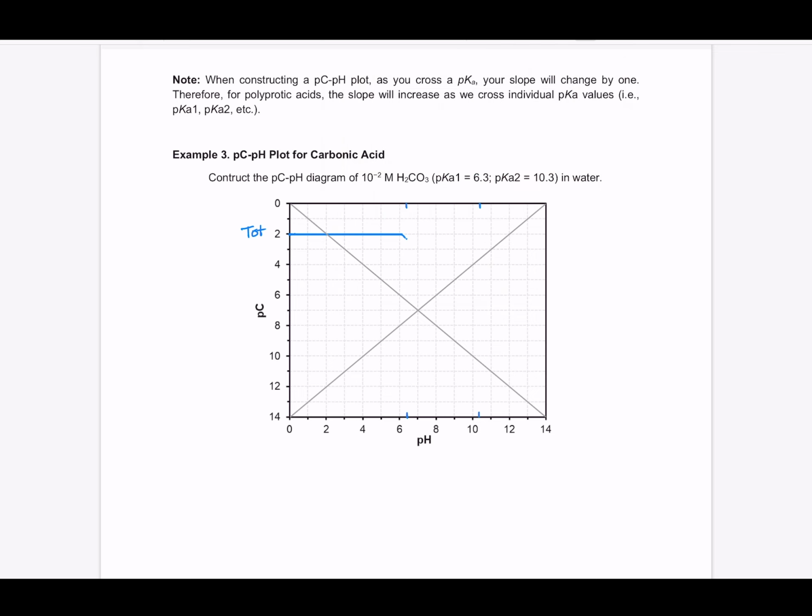So we pass the first pKa, pKa 1, pKa 2. For the first one, the slope would be parallel to, or the slope would be 1. It should be something like this. And now we pass another one, so the slope would be 2.